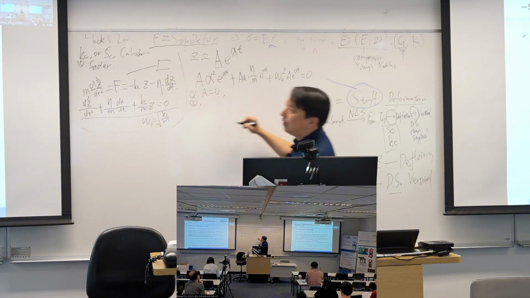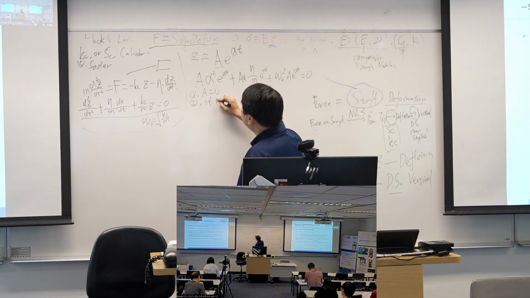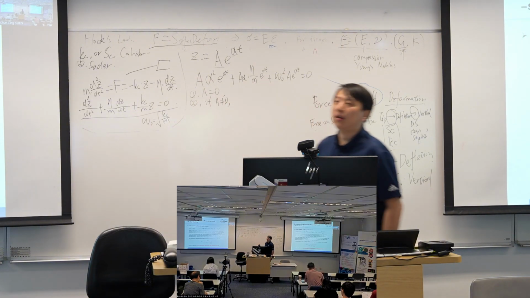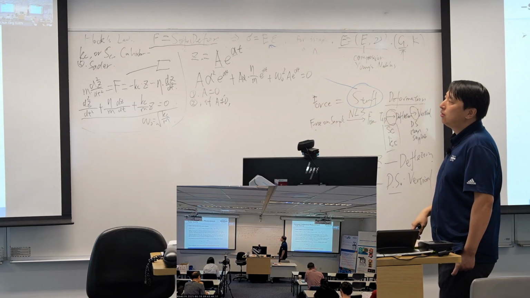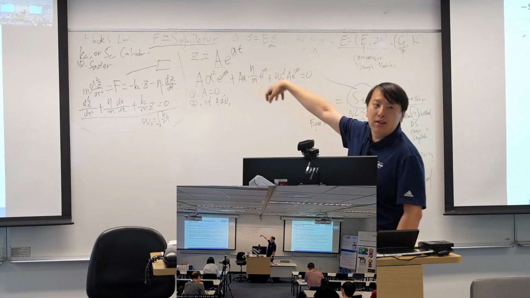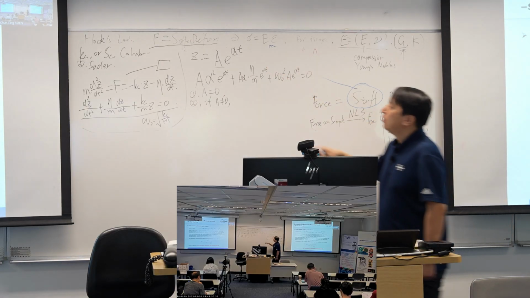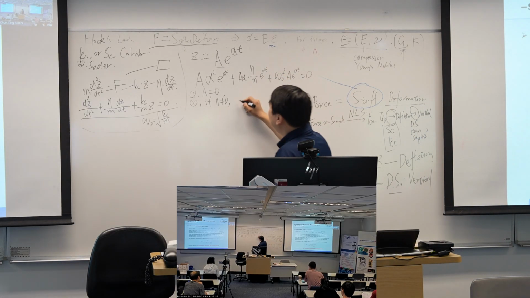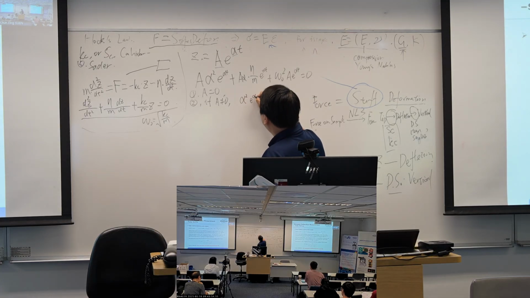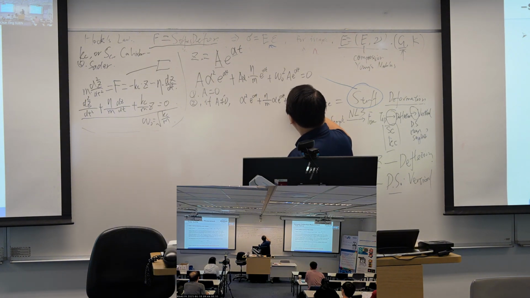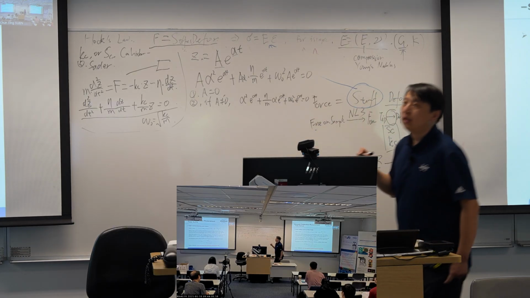So the second, when A is not 0, you can divide both sides by A, right? Because A is not 0. So we get alpha squared e^(alpha t) plus eta over m alpha e^(alpha t) plus omega 0 squared e^(alpha t) equals 0.